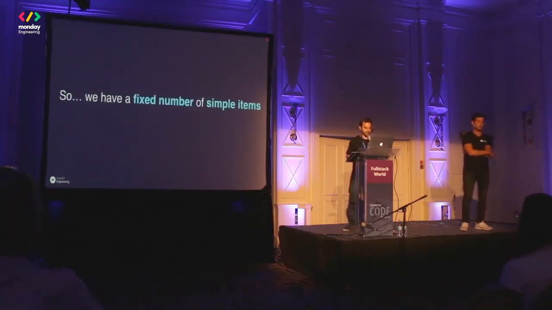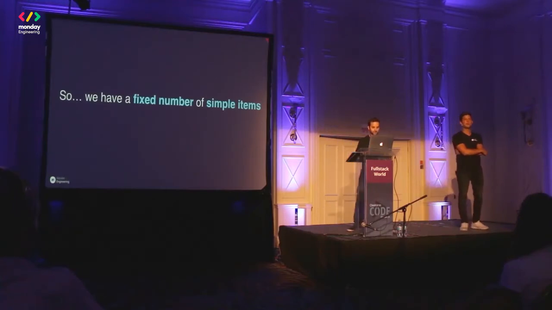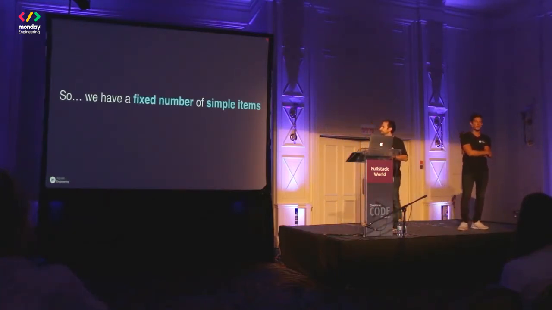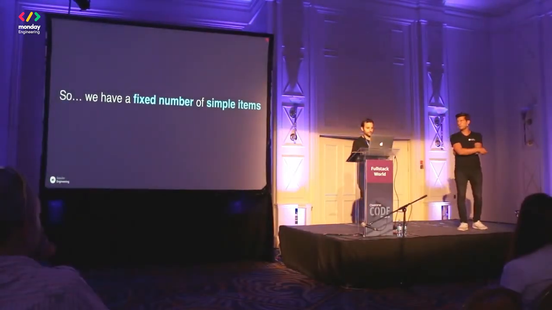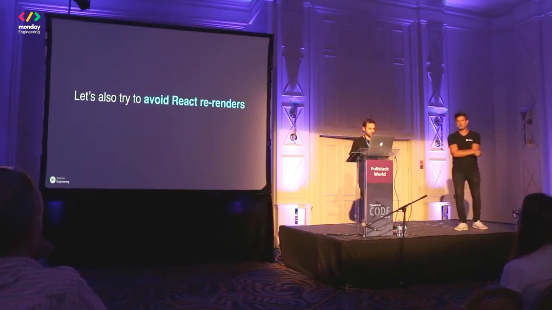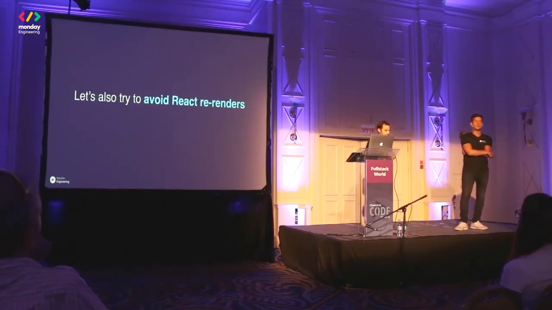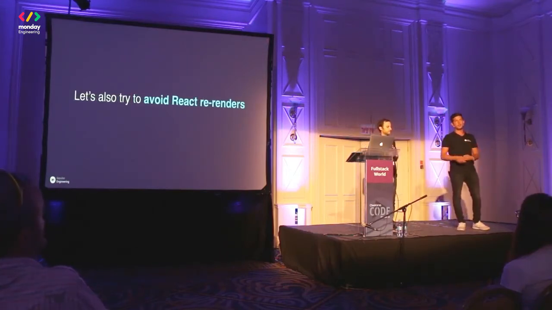So now that we know that we have a fixed number of items and each one of them is really simple, we want to talk about improving the performance of React in our application to get even higher performance. As I said before, what React does is change the DOM only when it's really needed.